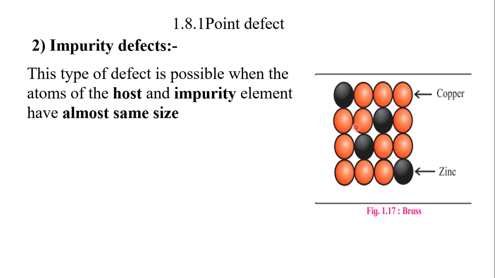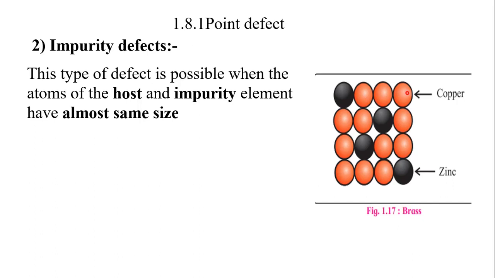For this type of defect, there is a condition: it is possible when the atoms of the host and impurity element have nearly the same atomic size. That means here it is a copper crystal and in that the impurity introduced is zinc, and the zinc atom displaces the copper atom.